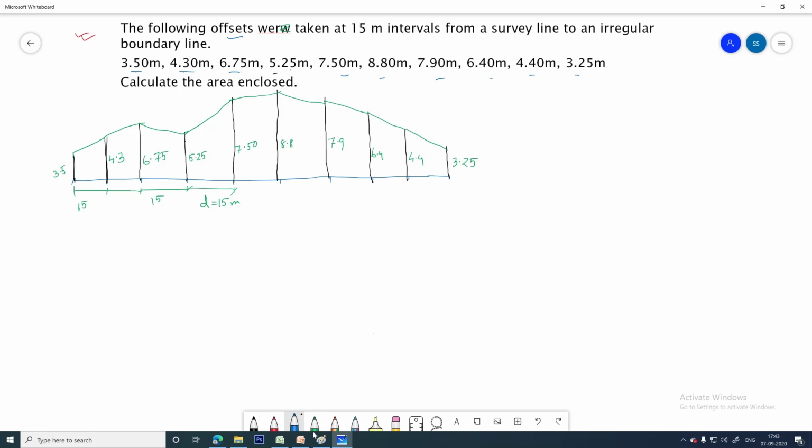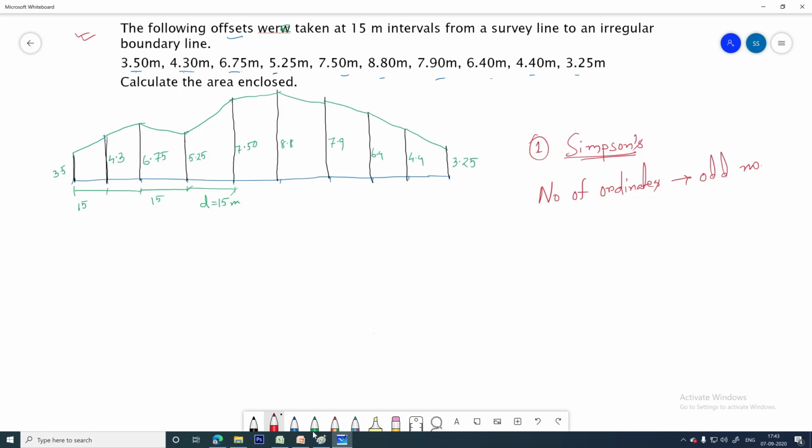Now we need to determine the area. So which rule should we apply over here? Basically, if you need an accurate result, then you need to apply Simpson's rule. But you already know Simpson's rule can be applied only where the number of ordinates is odd.